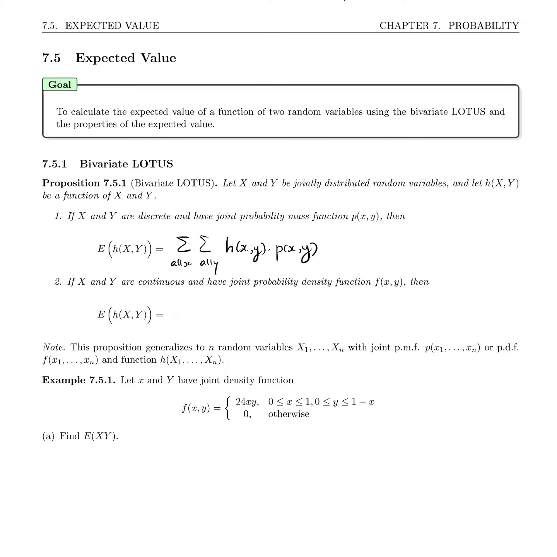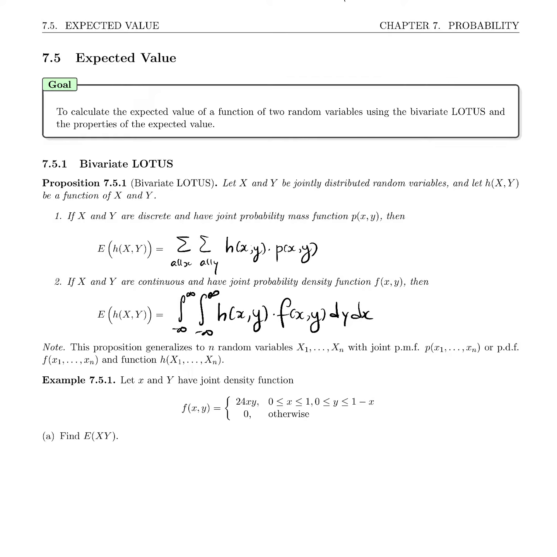And now if X and Y are continuous and have joint probability density function f(x,y), then the expected value of the function h(X,Y) is the integral from minus infinity to infinity of the integral from minus infinity to infinity of h(x,y) times f(x,y) dy dx.